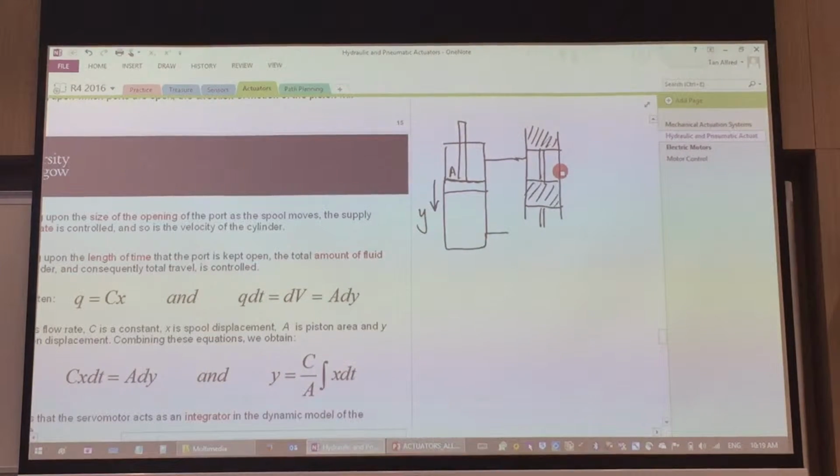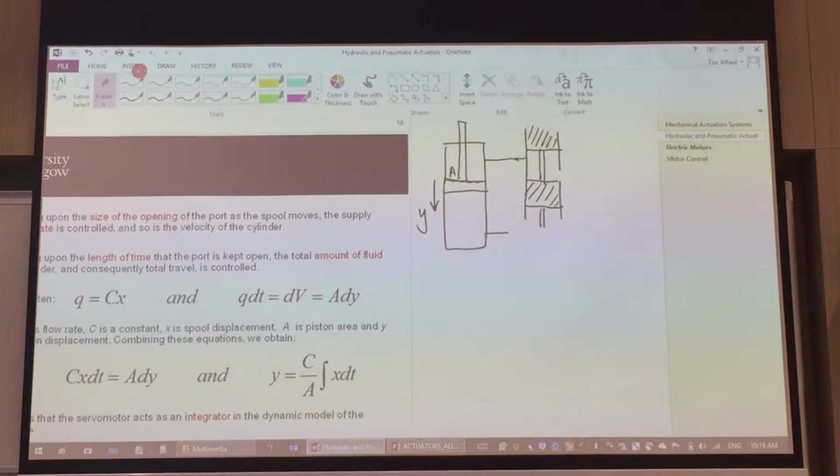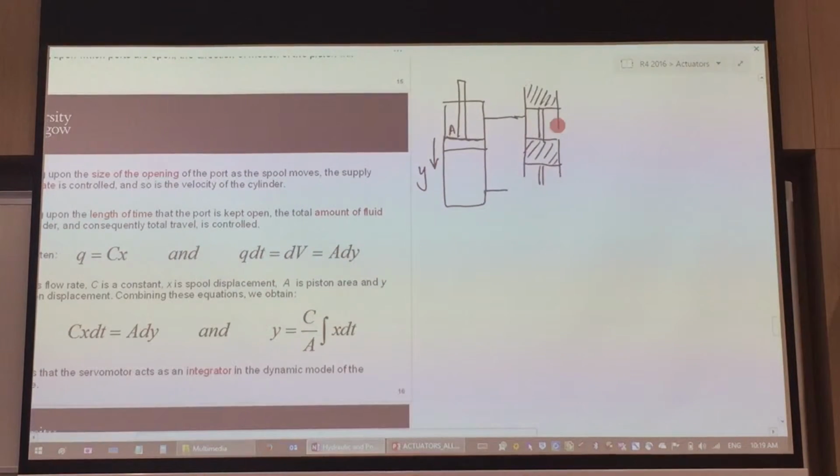I'm going to erase the hole over here. So this is the part. I'm sketching just what you could see in the previous slide, where this part here is your supply line.